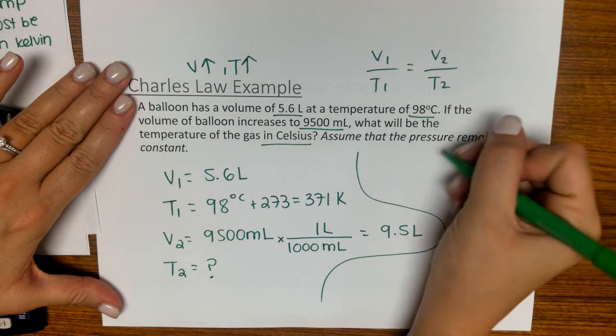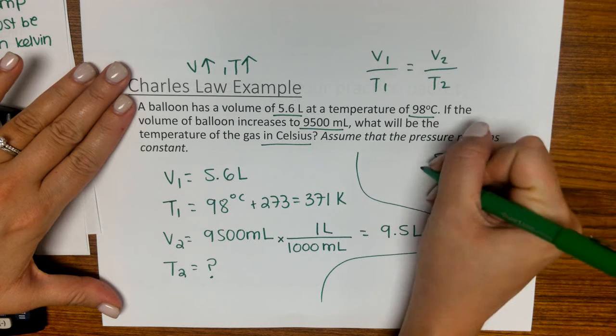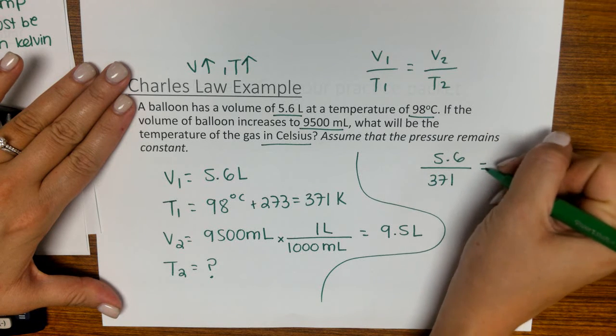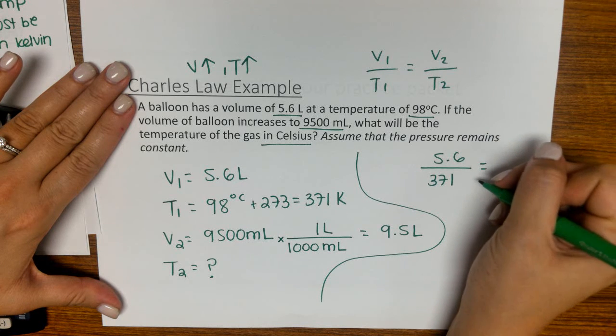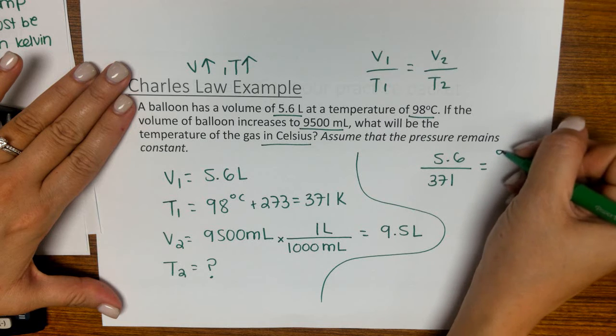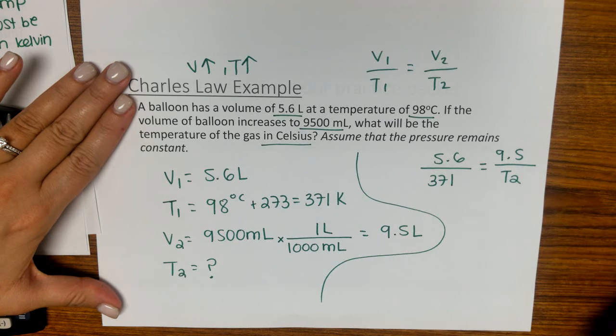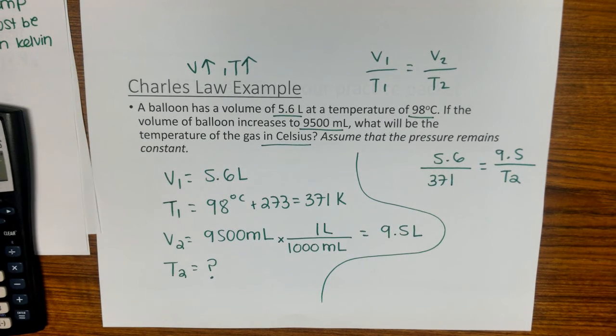So V1, 5.6, divided by T1, 371. Remember, the temperature has to be in Kelvin. Equals V2, 9.5, over T2, what I don't know. There are a few ways you can solve for this mathematically. If it was me, I would use cross multiplication, and I think that's what y'all learned.